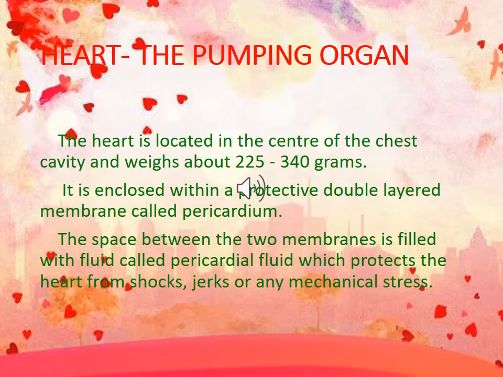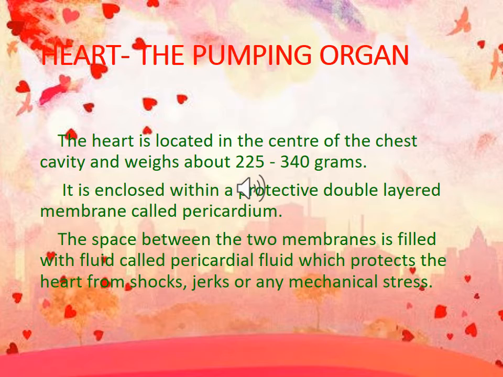Now, the most important one, that is the heart, the pumping organ. So, what is it? The heart is located in the center of the chest cavity and weighs about 225 to 340 grams. It is enclosed within a protective double-layered membrane which we call the pericardium. So this pericardium has two membranes, one outer membrane and one inner membrane.